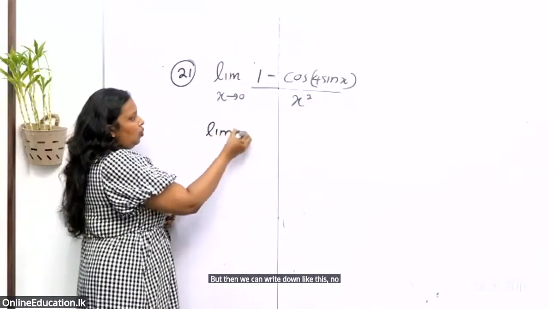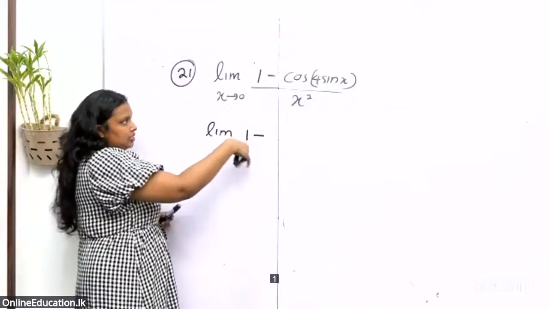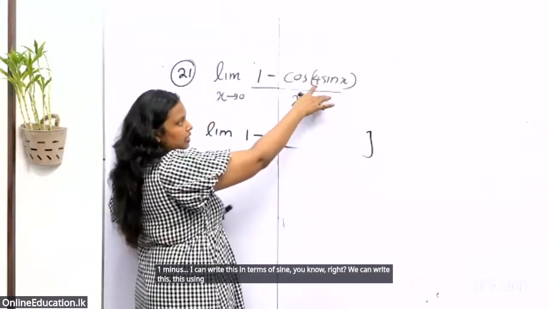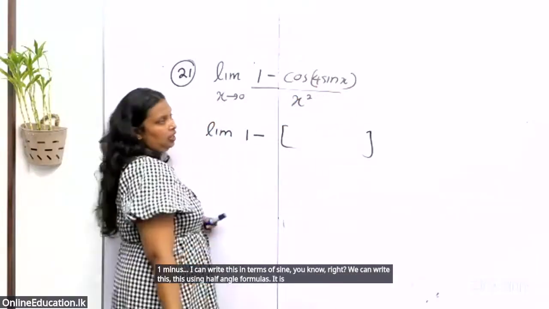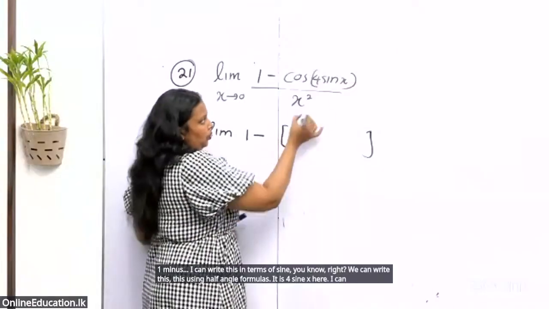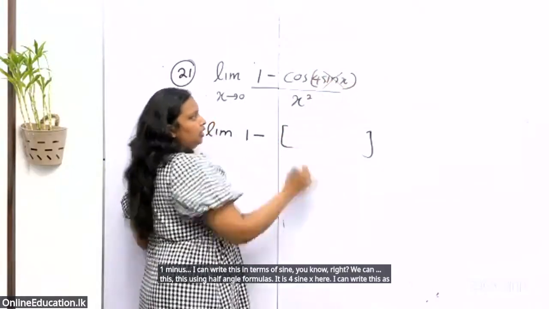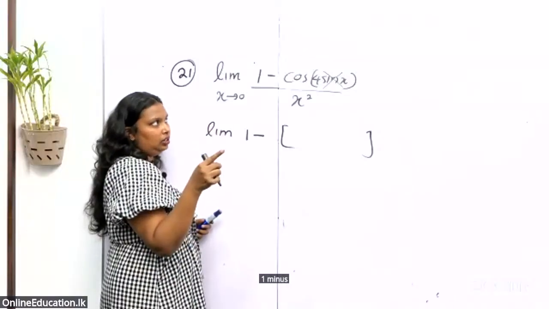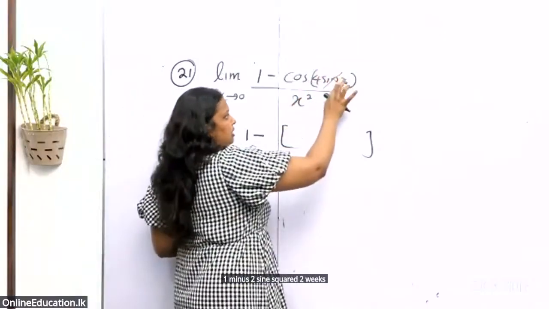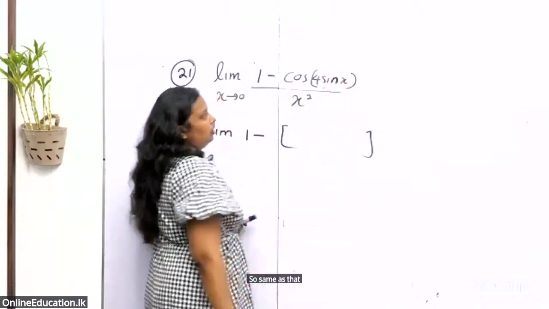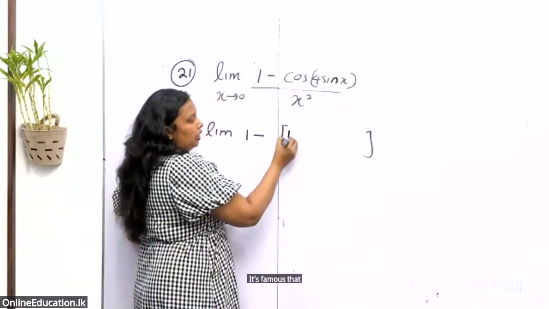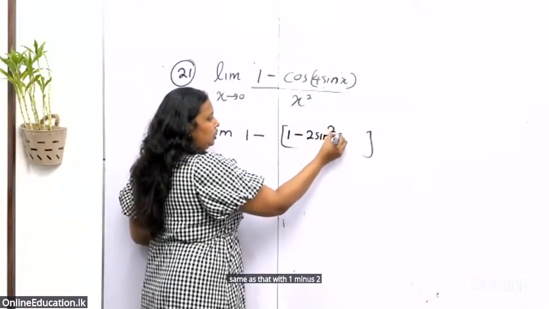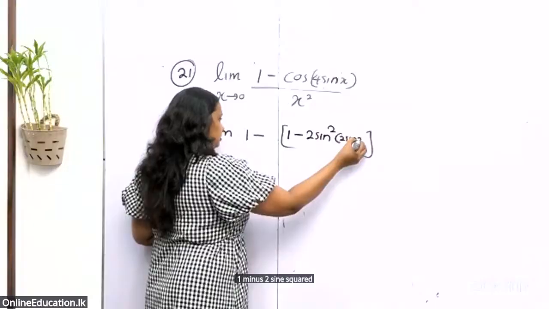Limit of 1 minus, I can write this in terms of sine using half angle formulas. It is 4 sin x here. I can write this as 1 minus 2 sin squared of 2 sin x, same as cos 4x equals 1 minus 2 sin squared 2x.